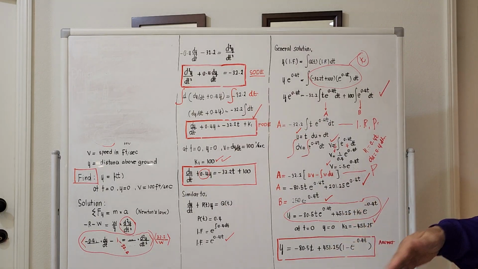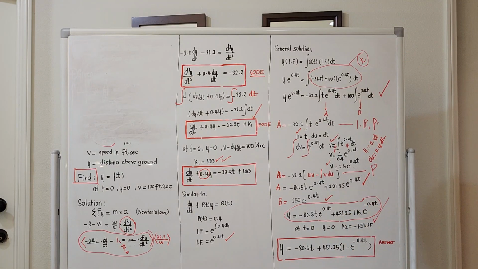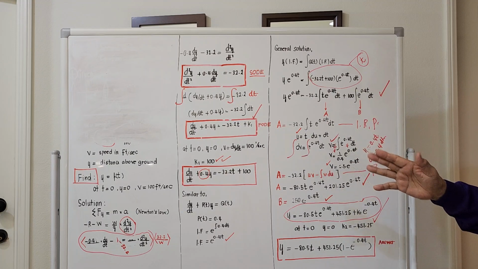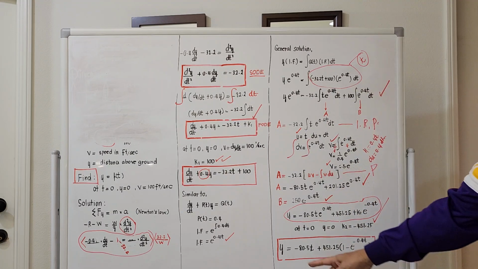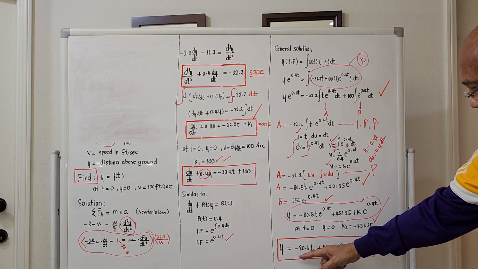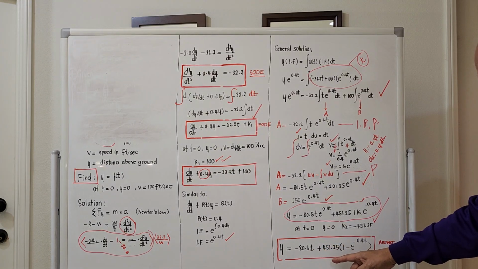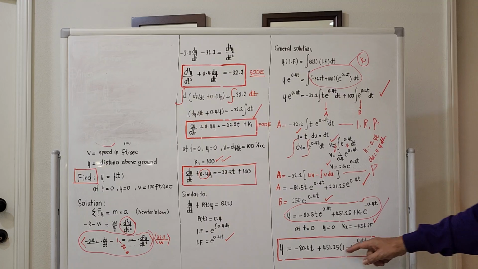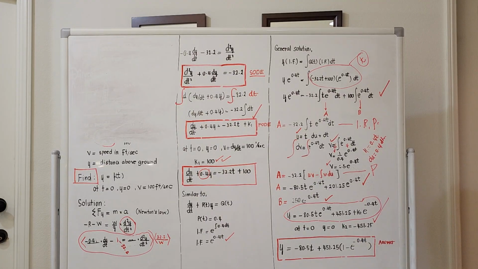It depends on what the problem is asking. But for the meantime, we now know how the rocket ship behaves when it flies. That is y is equal to negative 80.5 t plus 451.25 times the quantity 1 minus e to the minus 0.4 t.